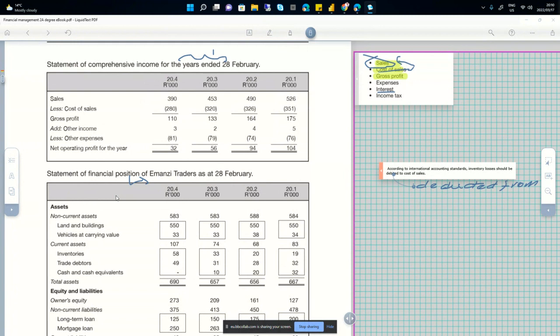So this is at a particular point in time. I hope this is clear to all of you, because this will be like a snapshot, a picture of the situation at a particular point in time.